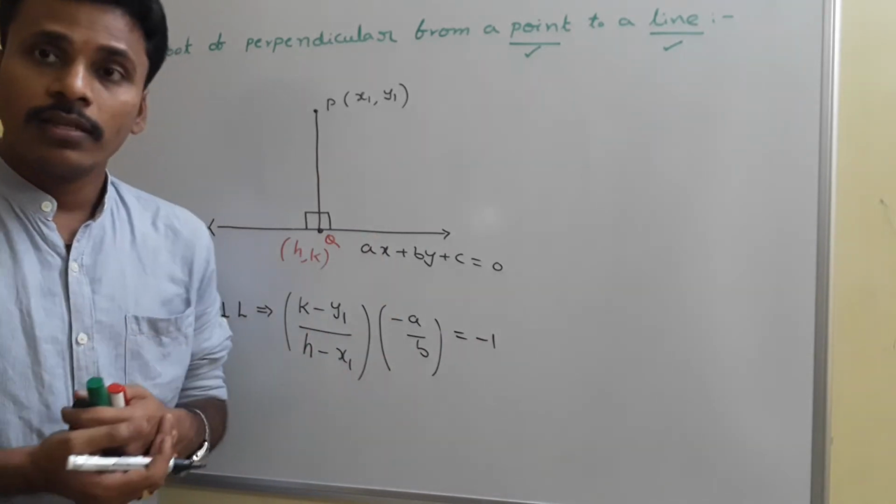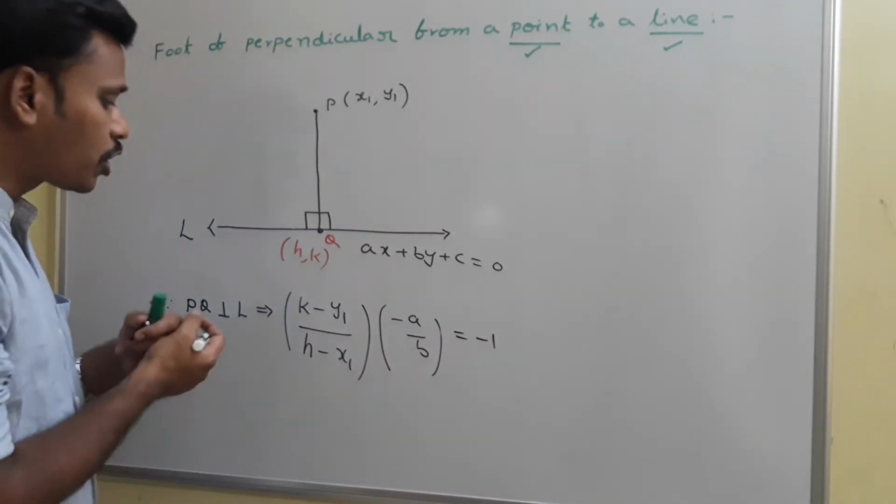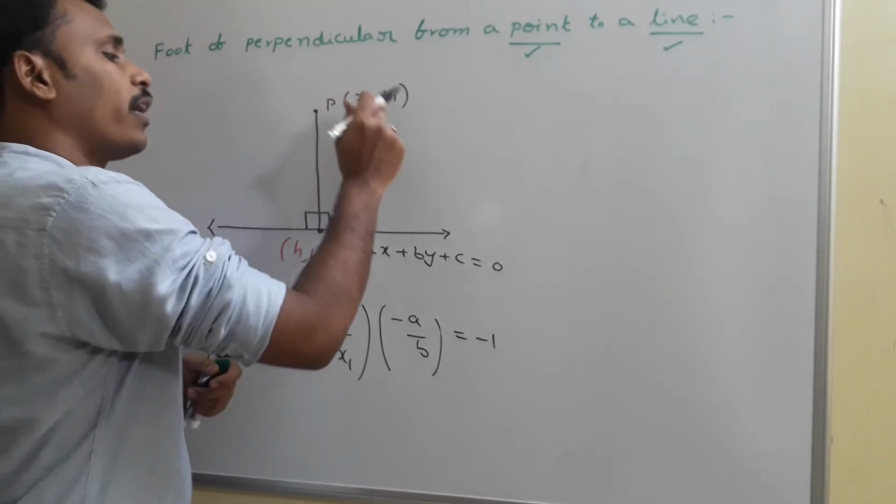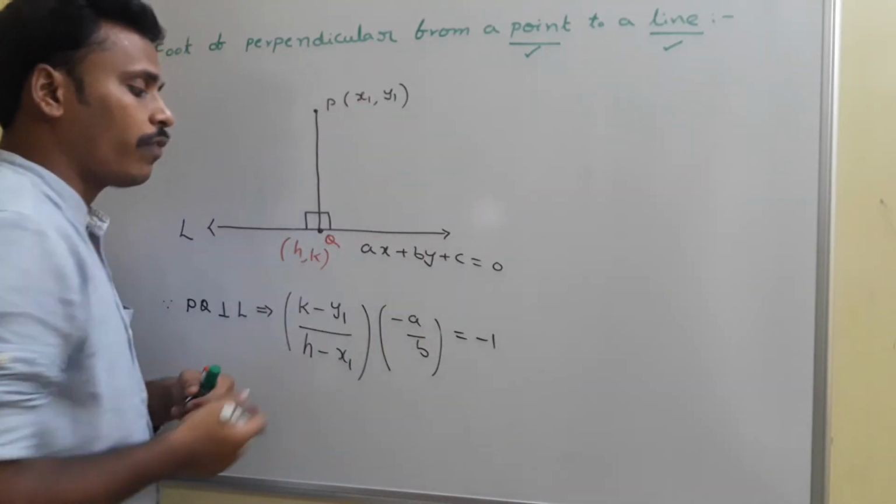Very clear this is. Our idea is to find (h, k) in terms of x1, y1 as well as a, b, c.